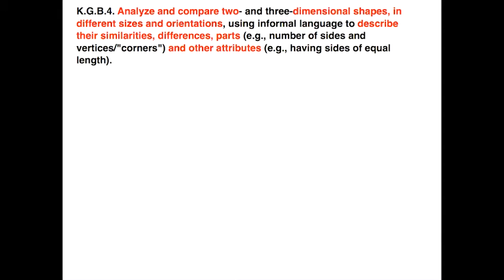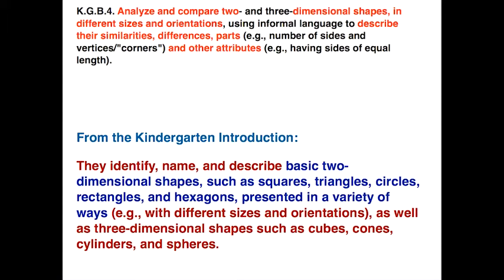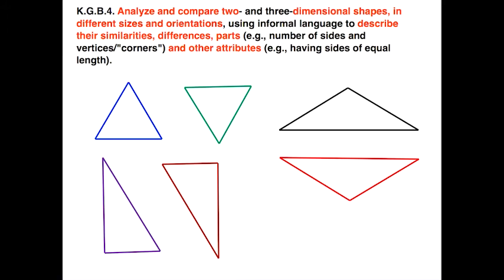Let's focus on analyzing and comparing 2-dimensional shapes. And remember, from the kindergarten introduction, that's going to involve squares, triangles, circles, rectangles, and hexagons. Let's say you gave the students all of these figures.